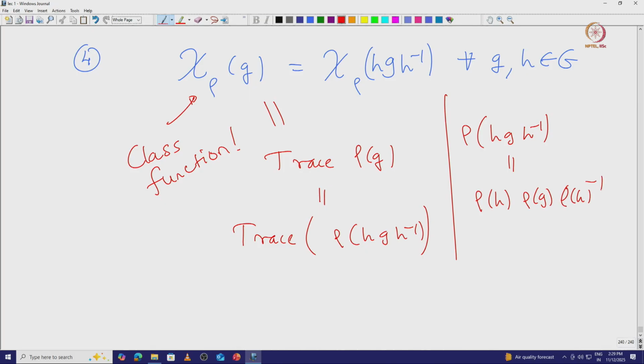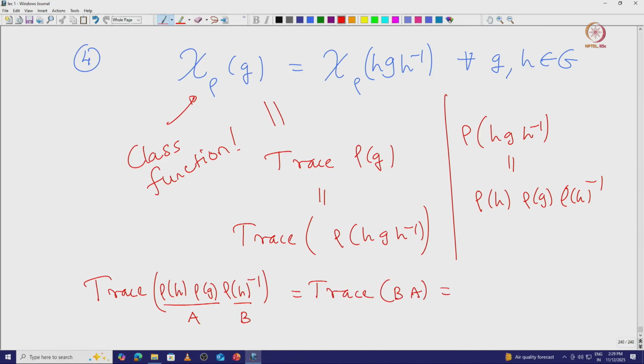Now using the property that if this is A and this is B, then trace AB is the same as trace BA, we get the trace of rho of h inverse, rho of h, rho of g.